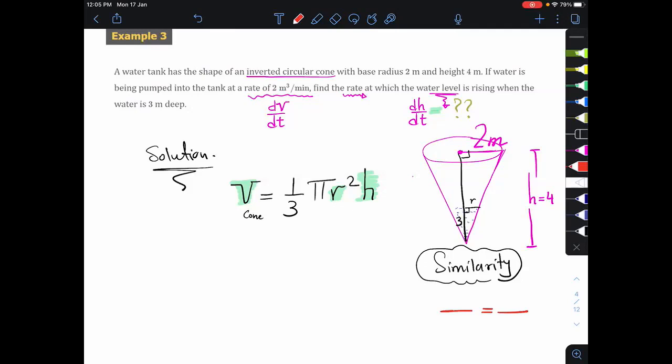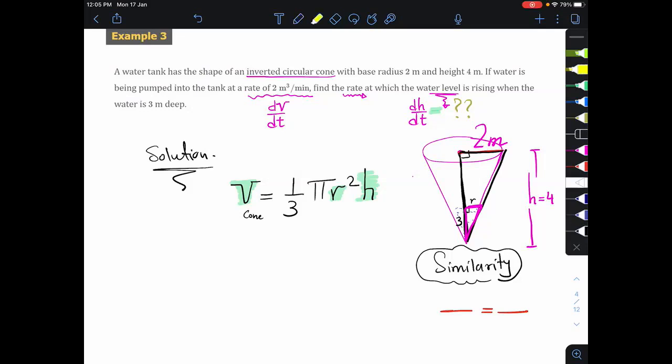So as you see, guys, we have the big triangle, this one, and the small triangle here. They have 2 angles, the 2 right angles and the same angle here, our common angle between the 2 triangles. So by using the similarity postulate, the 2 triangles are similar. Because they are similar, corresponding side lengths are proportional.